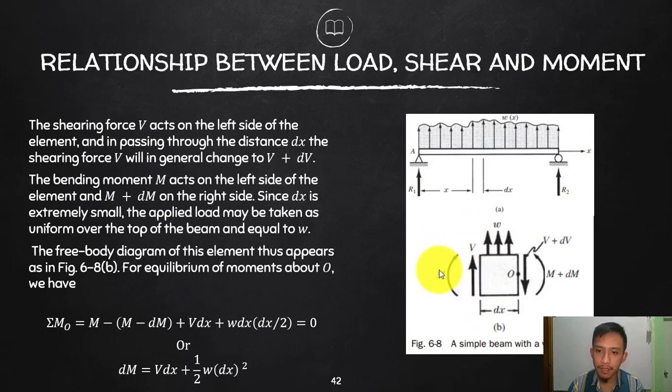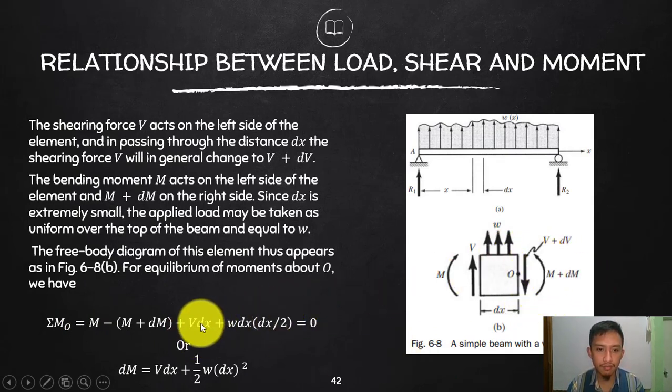Your M here is positive, and we do not need a distance since that is a moment. Your M plus dM is counterclockwise, so that is negative: minus M minus dM. By the way, I can erase that grouping sign since I already distributed the minus. That was just a typo.